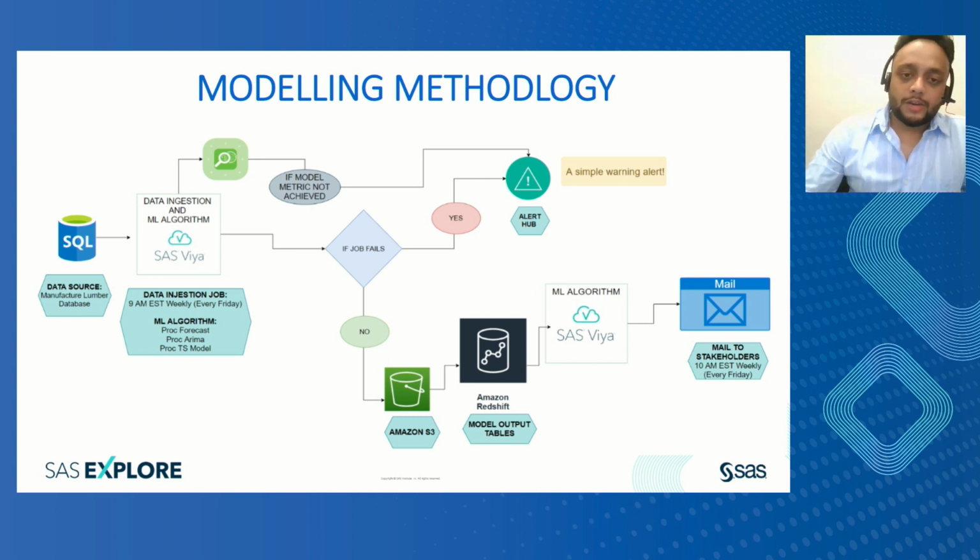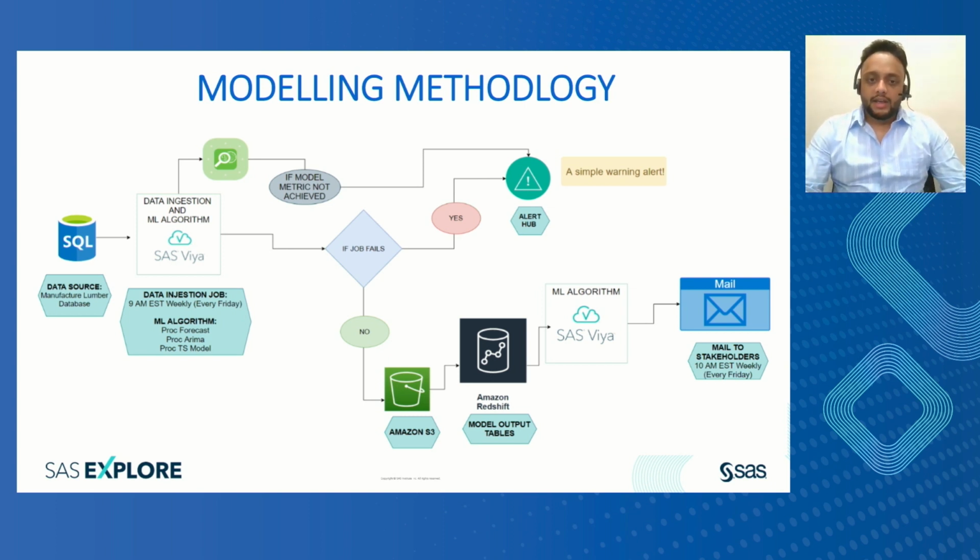there are certain checkpoints which we have put in place. Once we have pulled the data, and we have a certain CP adherence metric, if that metric, after the whole algorithm is performed, does not achieve a certain benchmark, then on that day the job will fail and it will give an alert to the developer that due to some reason the metric has not been achieved.